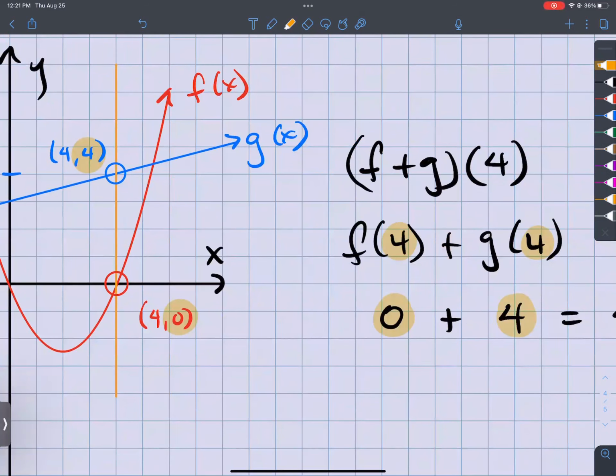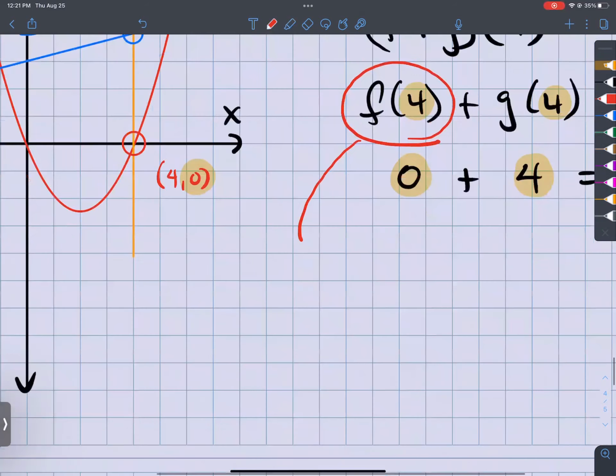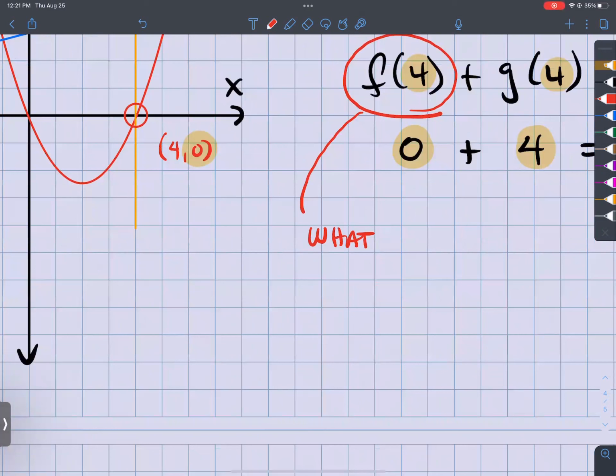Because that is what f of 4 stands for, right? So when I look at f of 4 and translate this to English, what is y when x equals 4, right?